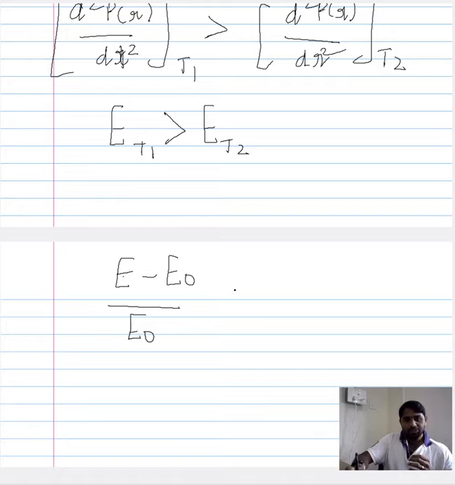This should be proportional to T, but in a negative manner, that is, as T increases, the Young's modulus at that temperature should decrease.